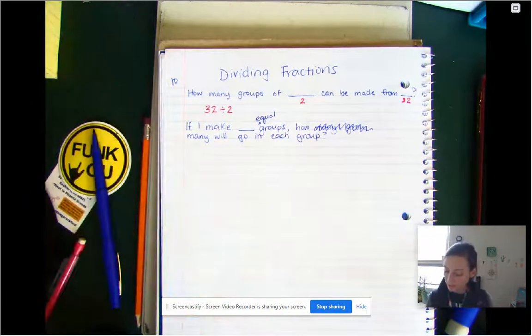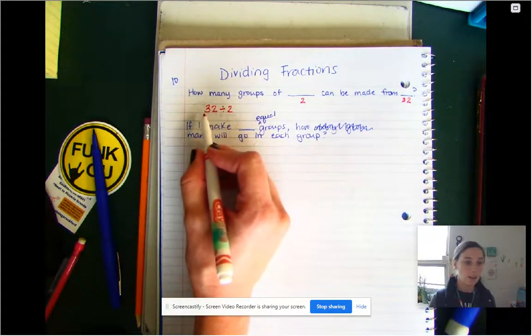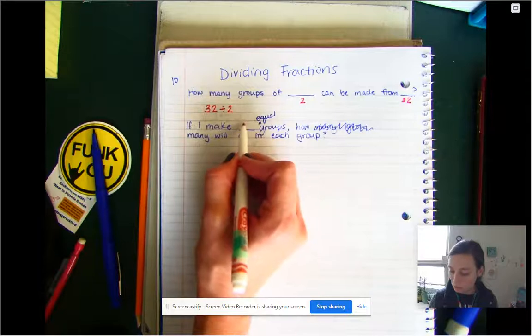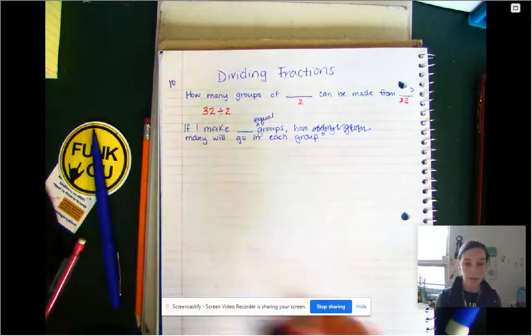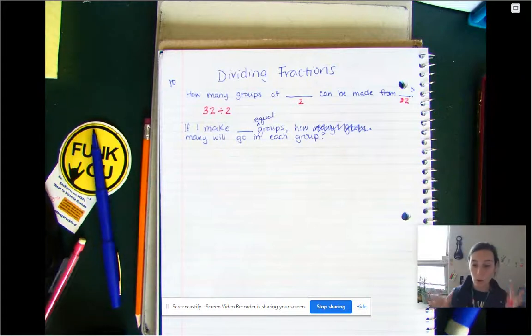So in this case, if I say 32 divided by 2, I'm saying, okay, if I have 32 things and I make 2 equal groups, how many would be in each group? And the answer would be 16. So that's what division is with whole numbers.